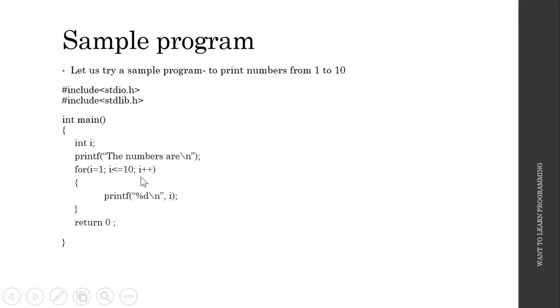When i increments to 10, it satisfies this condition because 10 is smaller than or equal to 10. Yes, it prints 10. But the moment it increments to 11, the condition i smaller than or equal to 10 fails and it goes to the next statement, that is return 0, which terminates the program.